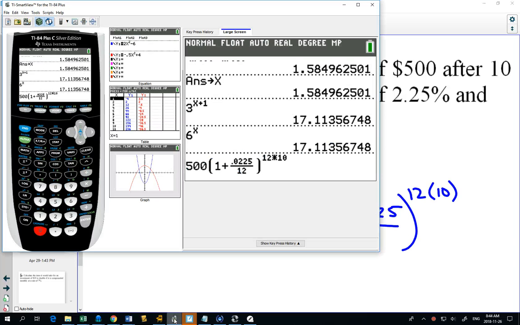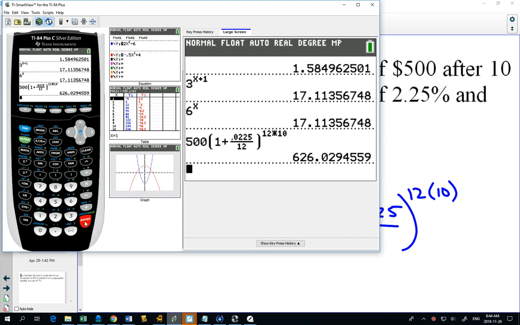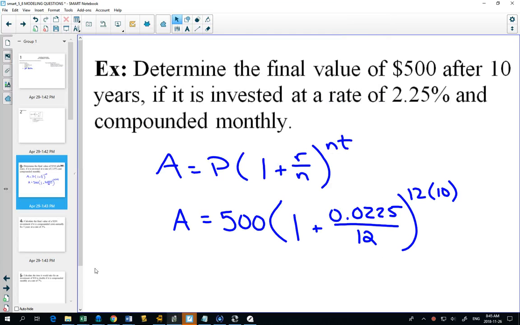So after we type that in exactly and push enter, we find out the amount is $626.03. So if you had $500 and you found an account that paid 2.25% interest, which right now is a high interest rate, you could wait 10 years and make $100.